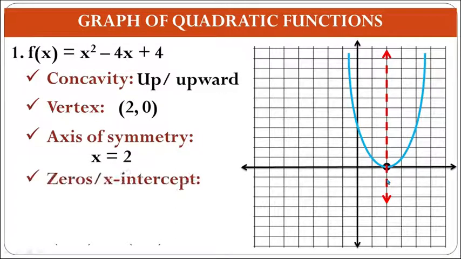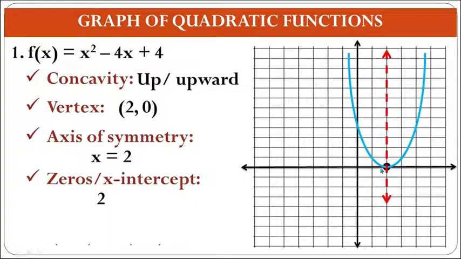For the zero or x-intercept, ano nga ba itong zero or x-intercept? Kung saan yung ating graph or yung parabola ay nandoon siya sa x-axis. Makikita, yung 2 lang ang meron dito, yung vertex lang.